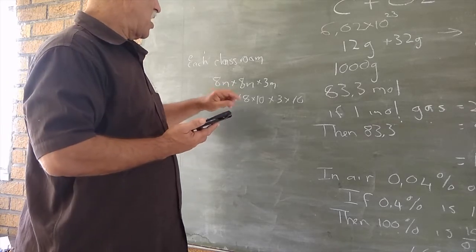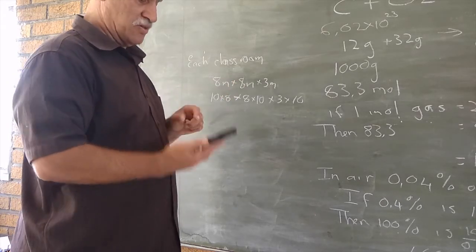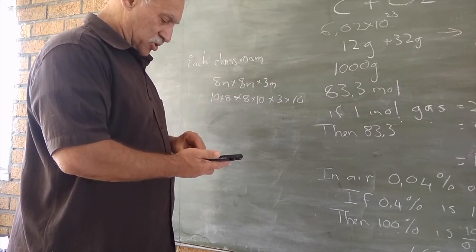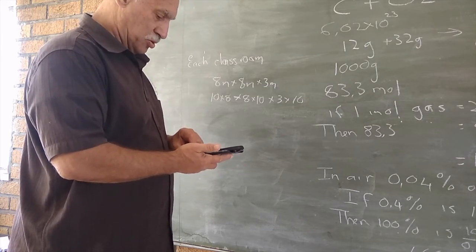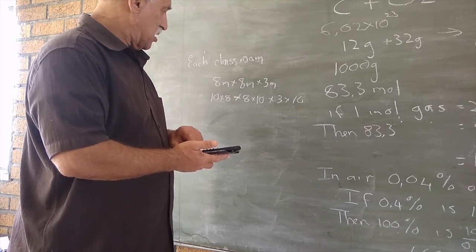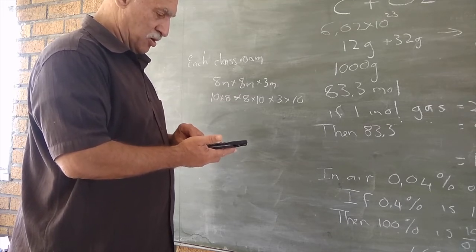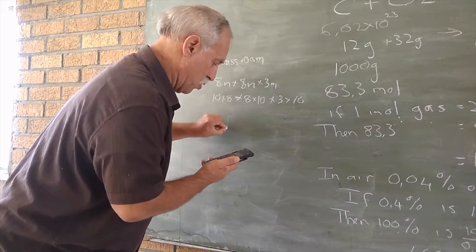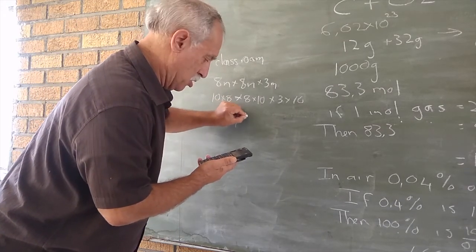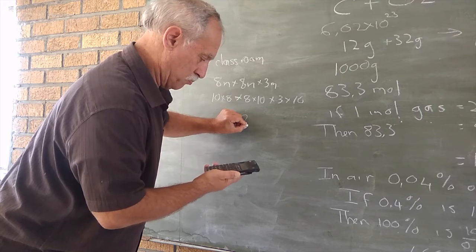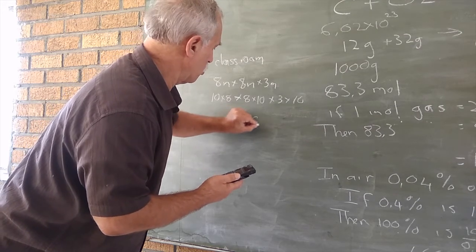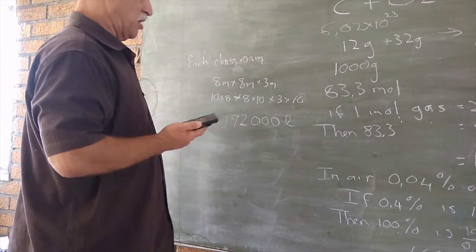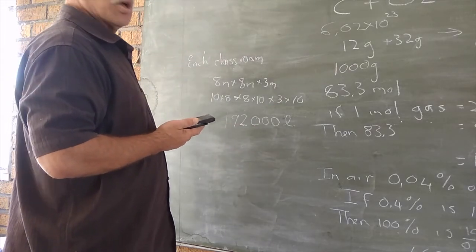So let's work out how many decimeters cubed of air there is in a classroom. So that's going to be 8 times 8 times 3 times 1000. And so there are 192,000 liters of air in one classroom.